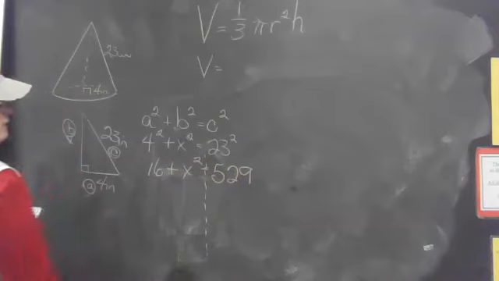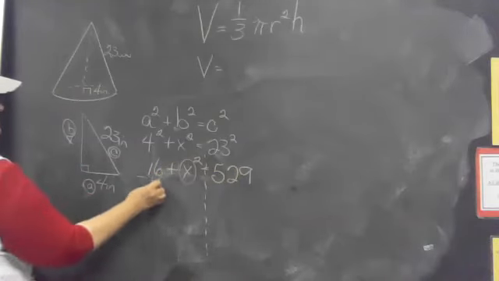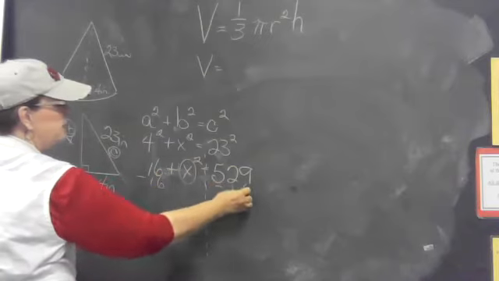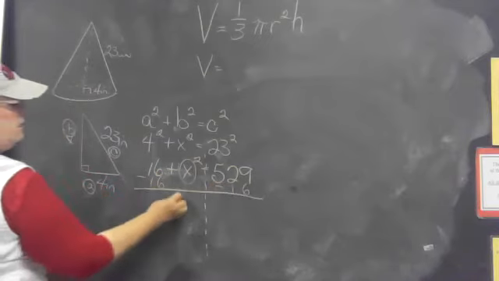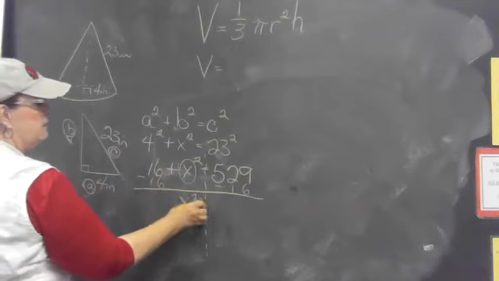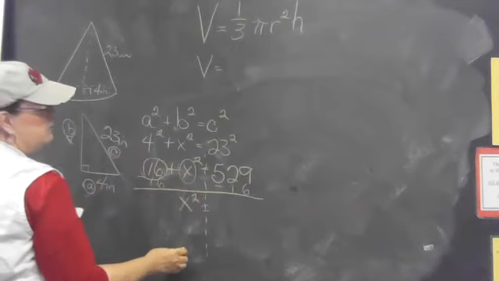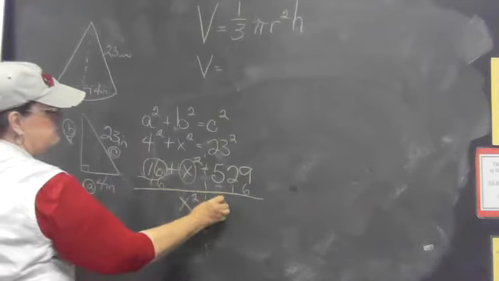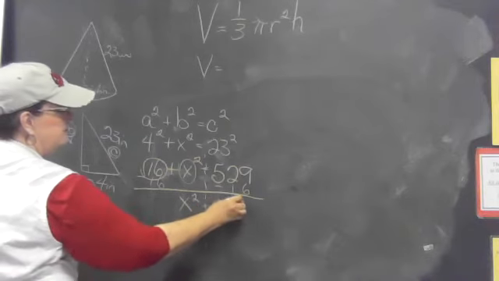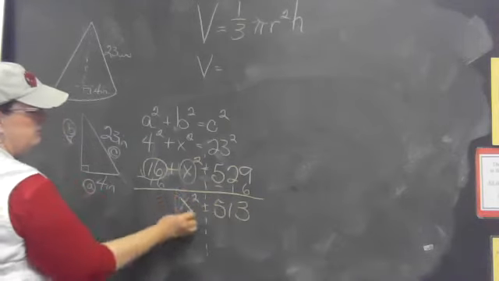And we're back to solving equations. We want to solve for the X. So we subtract 16, and we have X squared equals 513. That is exactly right.